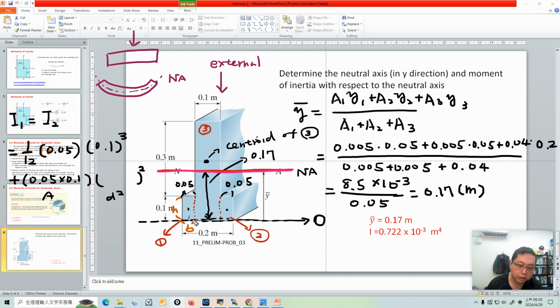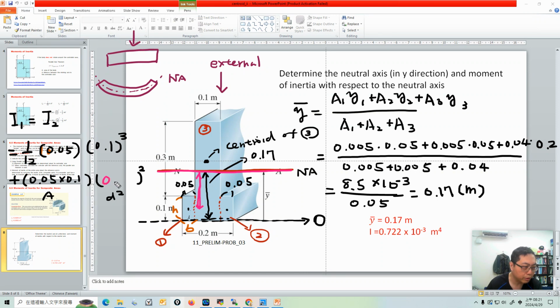What is your d? d is the distance between your centroid and the rotational axis. So be careful. For area 1, your d is here. So what's the distance here? This is 0.17, and here is 0.05, so here is 0.12.